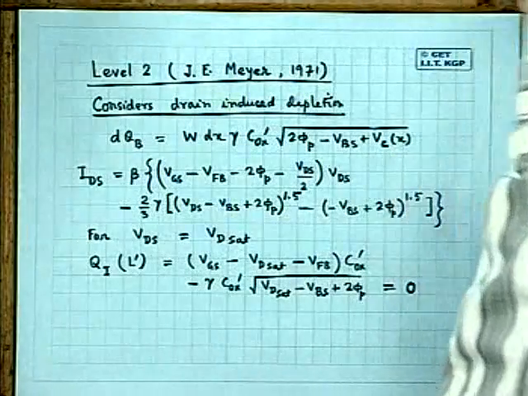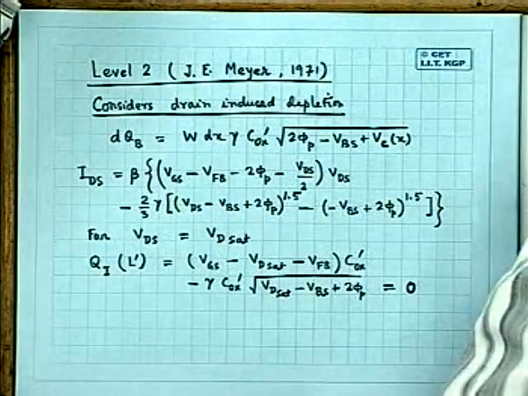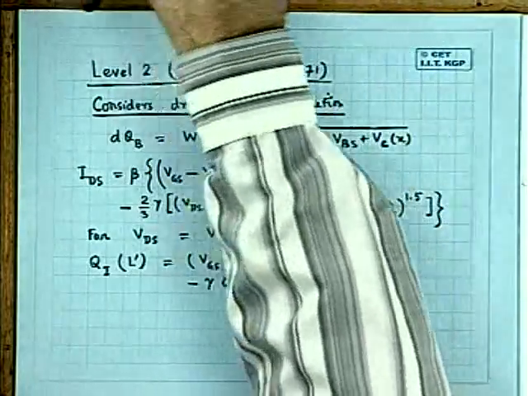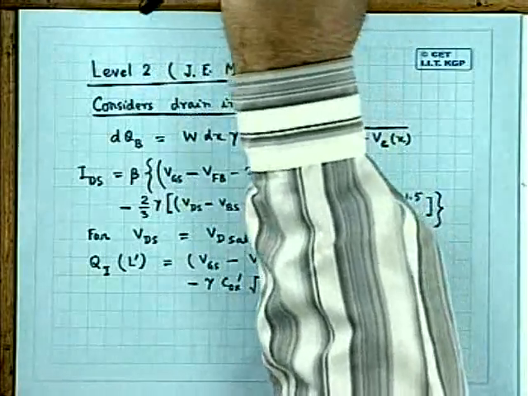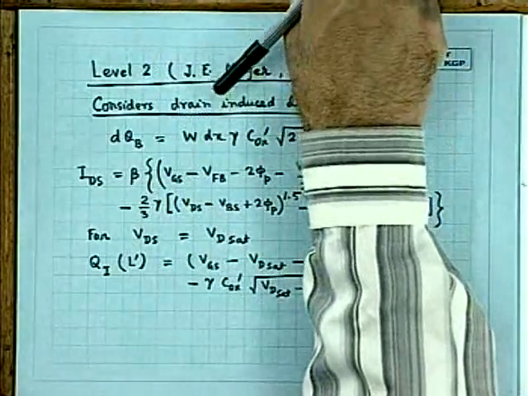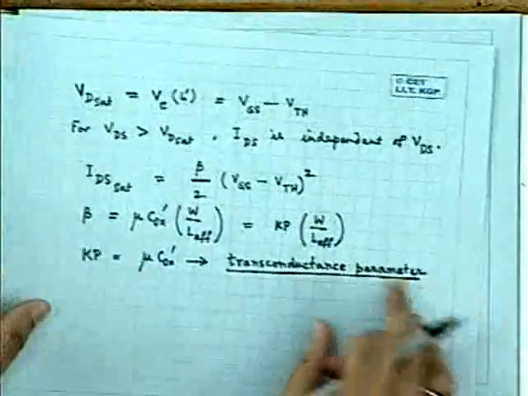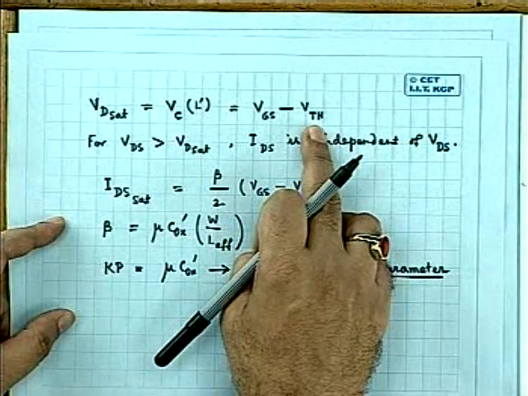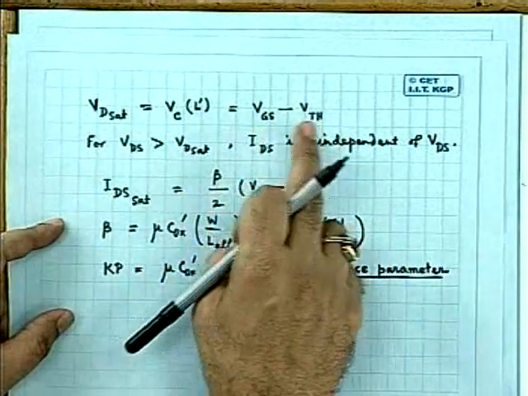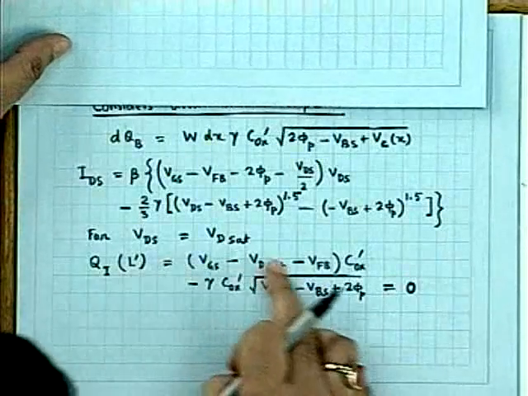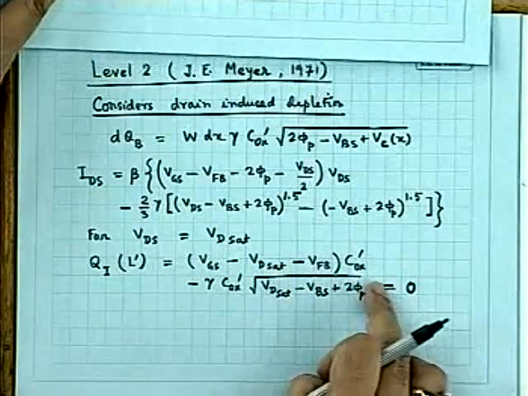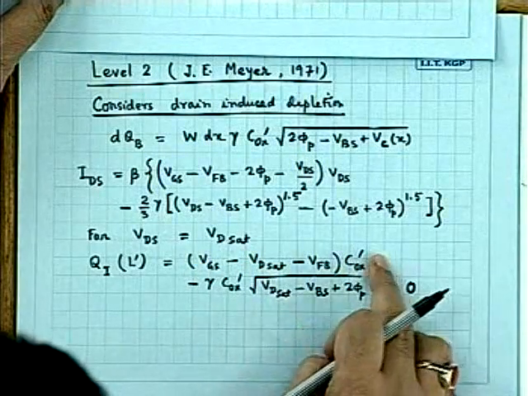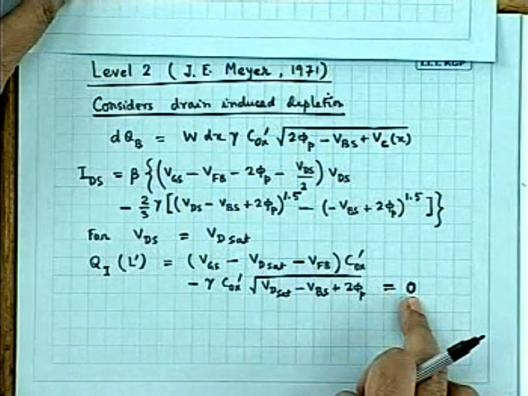In the first case, you remember the saturation voltage was defined as this one, and VD sat is equal to VGS minus VT. Straightforward. But here VD sat is to be derived by solving this equation: VGS minus VD sat minus VFB minus this is equal to 0.